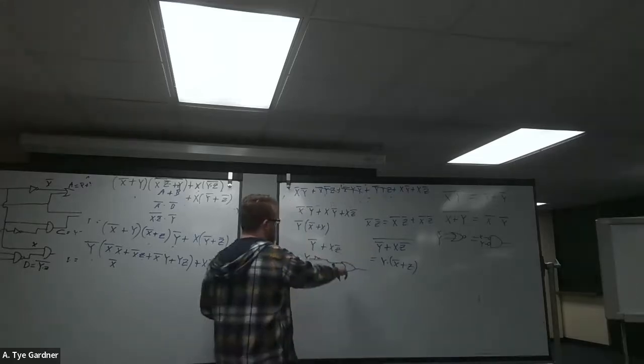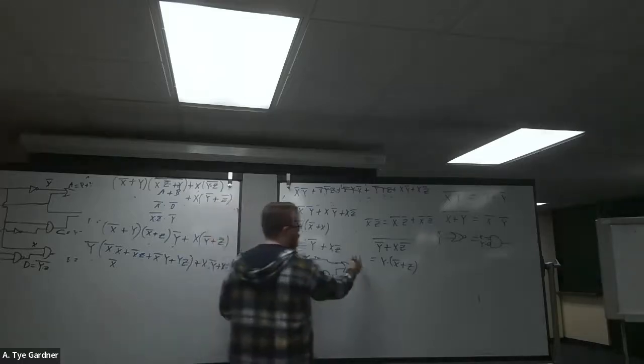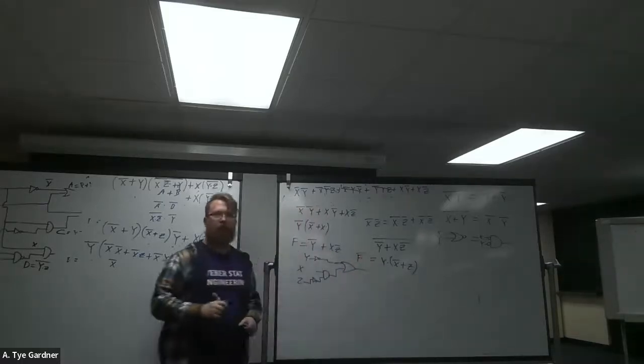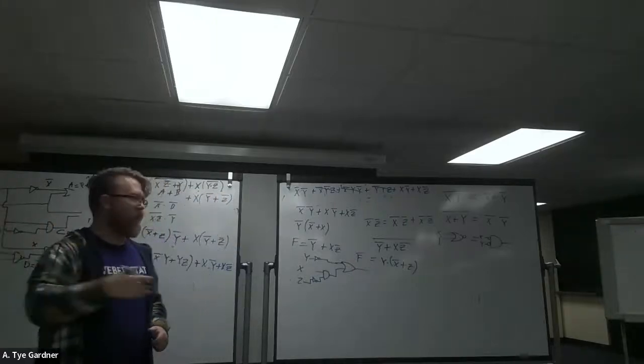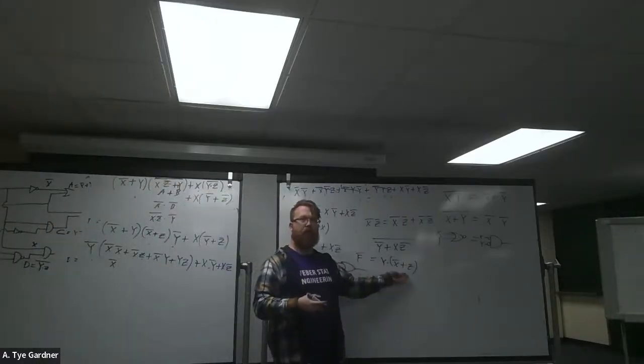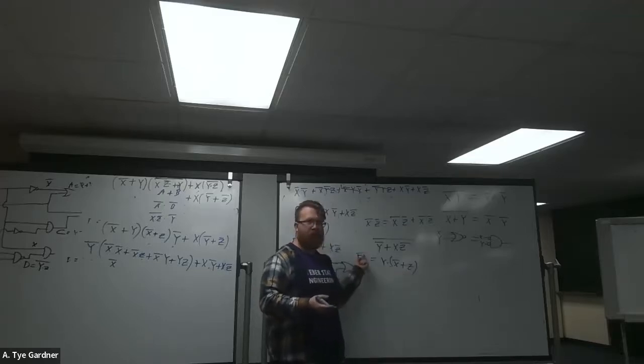Because if I call this output function F, then this output function is not F because I've inverted it. So what I have now is a product of sums expression, because my output gate is an AND, but I have an inverter on it.